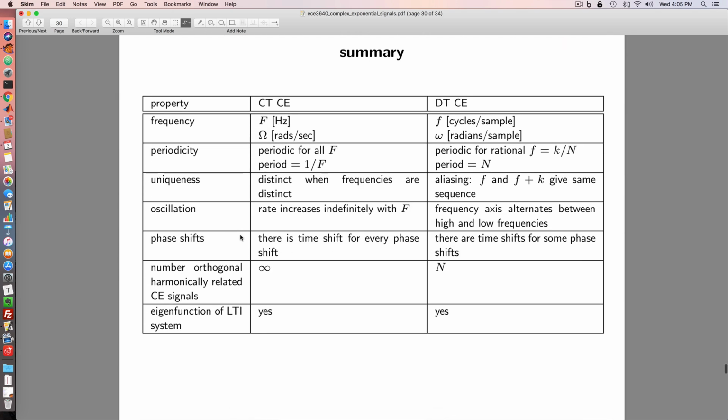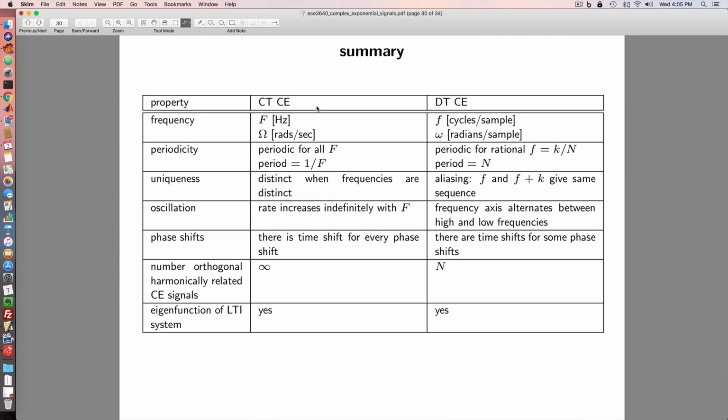So let's go through and review what we've learned about continuous time and discrete time complex exponentials. First of all, they behave differently from a periodicity standpoint. In the continuous time case, complex exponentials are periodic for all frequencies. In the discrete time case, they're periodic only for rational frequencies.